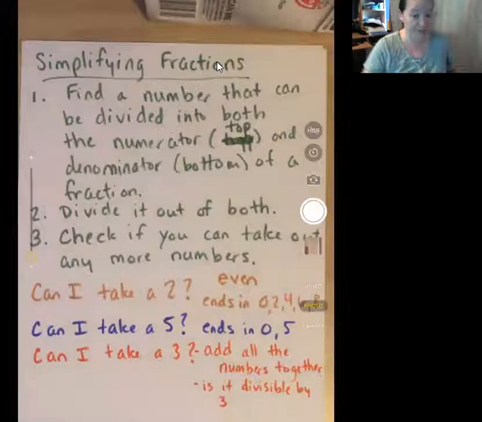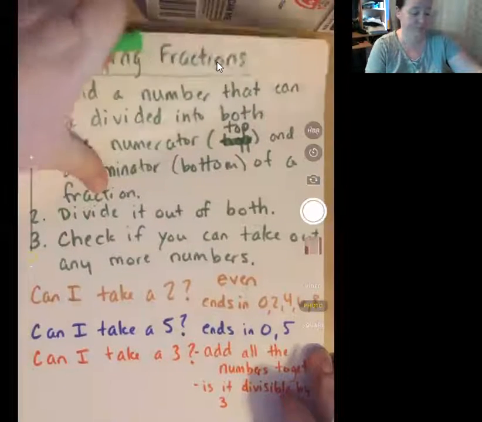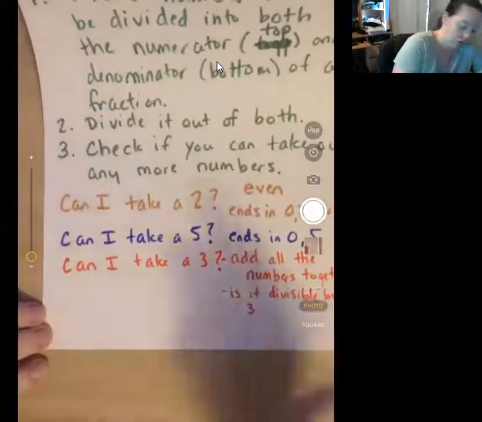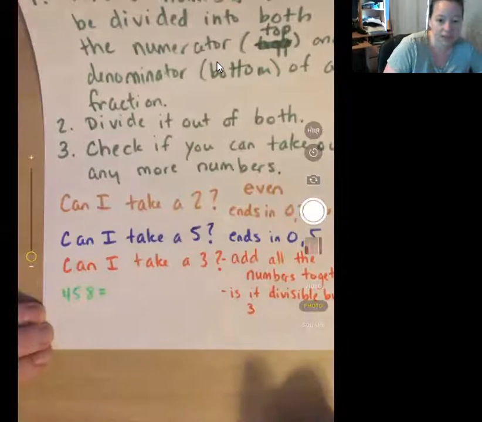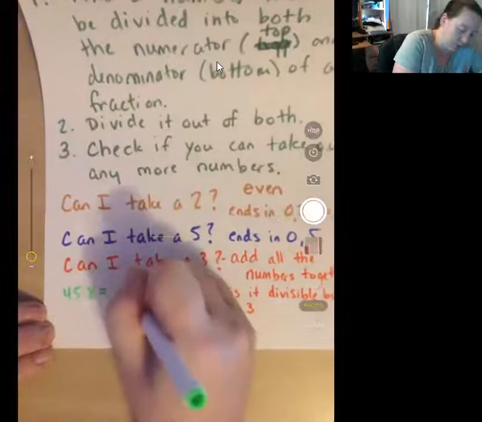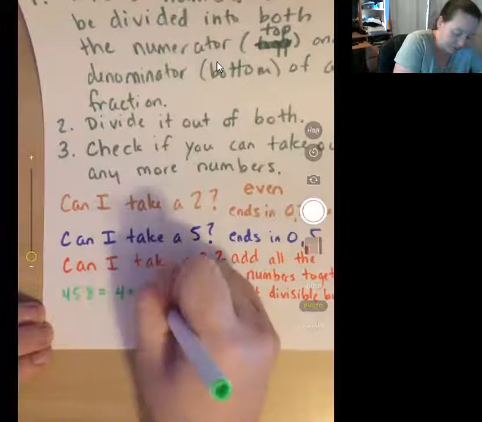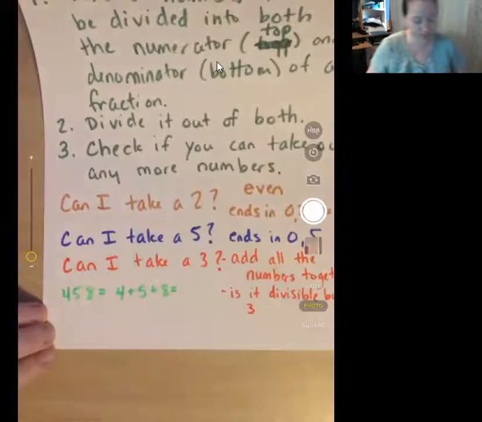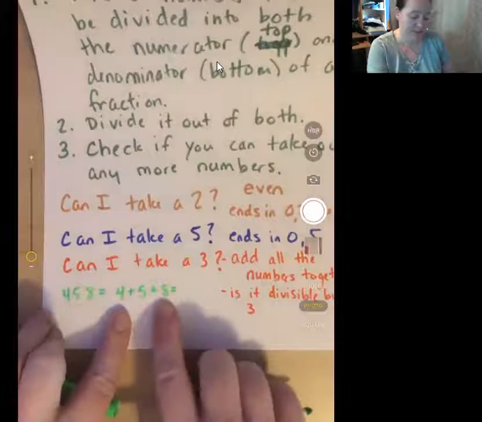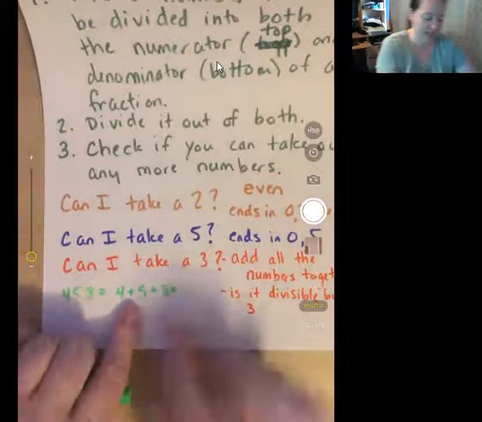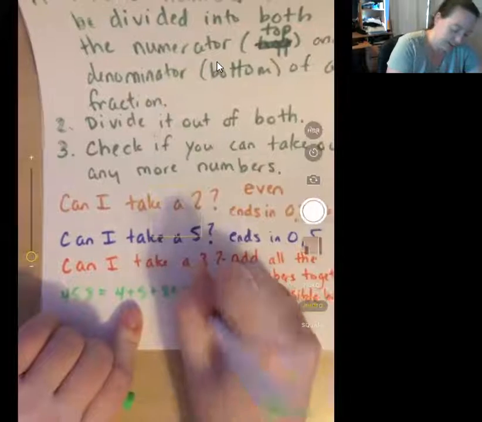If I have the number 458, I literally go 4 plus 5 plus 8. 4 plus 5 is 9. 9 plus 8 is 17.